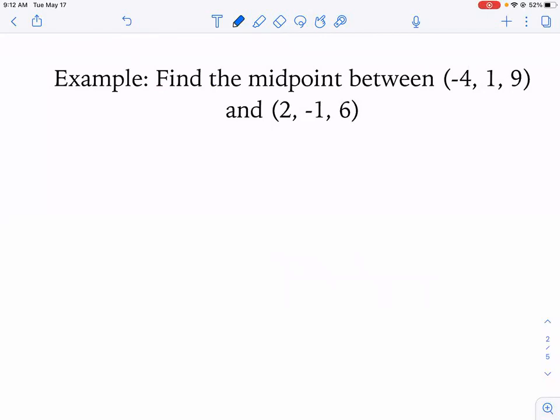Close. You are finding me this midpoint. Why would that be in there?